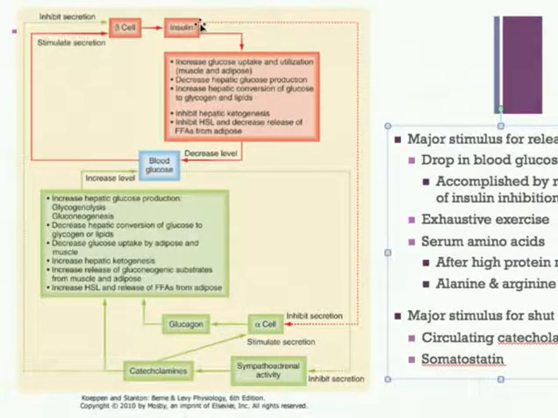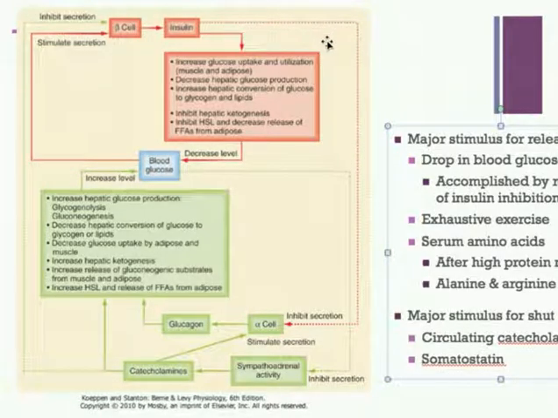So when insulin is around to decrease blood glucose, it will also turn off alpha cell secretion of glucagon, and vice versa. When glucagon is secreted, then we are going to have an inhibitory action with beta cell secretion.